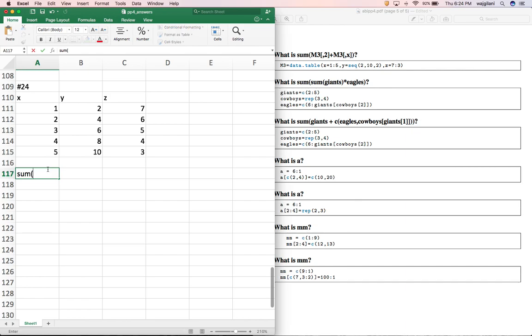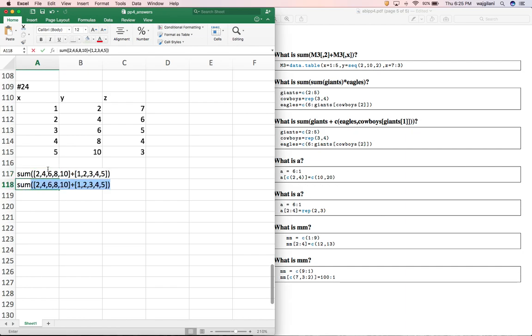Sum of the second column, all the rows of the second column, which is basically going to be 2, 4, 6, 8, 10. Plus the X column, which is 1, 2, 3, 4, 5. Right?